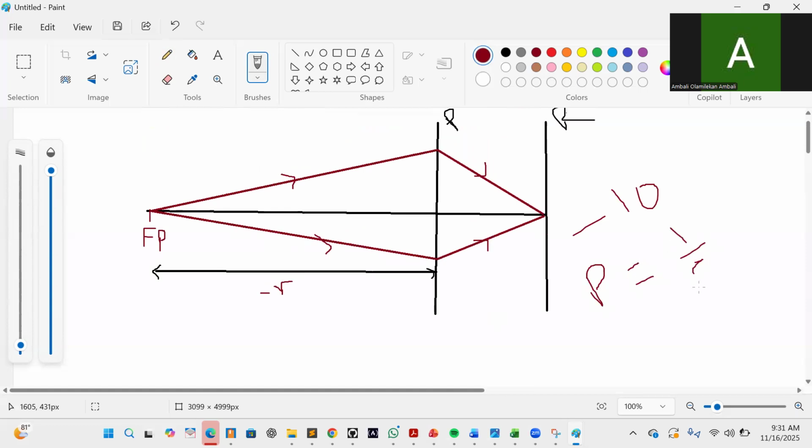So minus 10 equals 1 over f because it's minus. If you get that, the focal length will now be 1 over 10, that will be 0.1 meter, and that will be 10 centimeters.